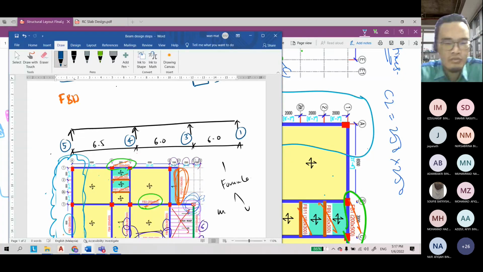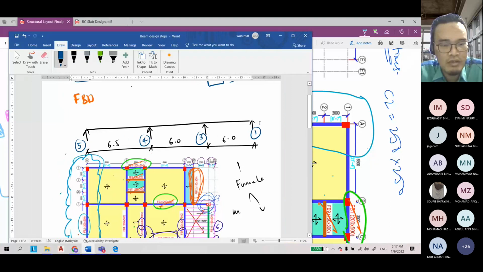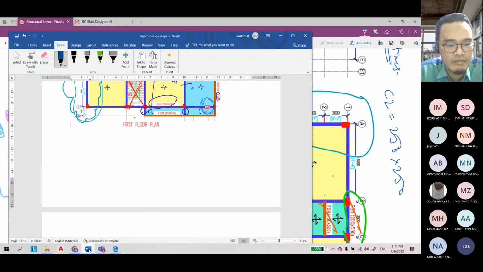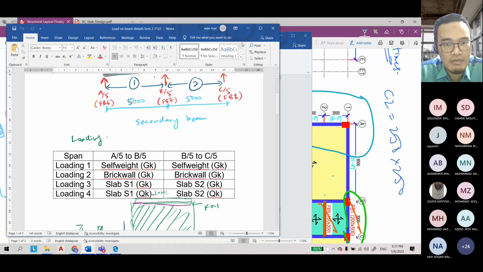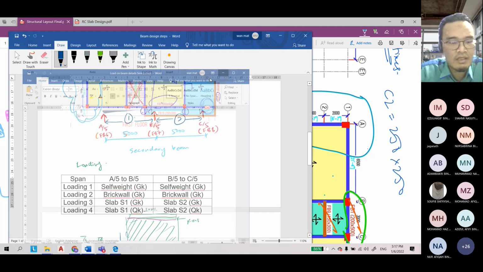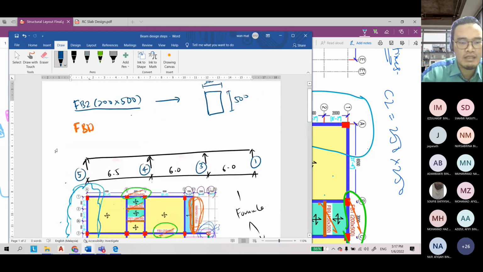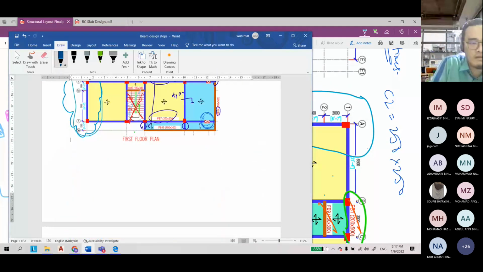Okay, and then, what is the possible loading? I don't want to do the table here. Let me just do it based on the color. So the table of loading, the possible loading on beam.